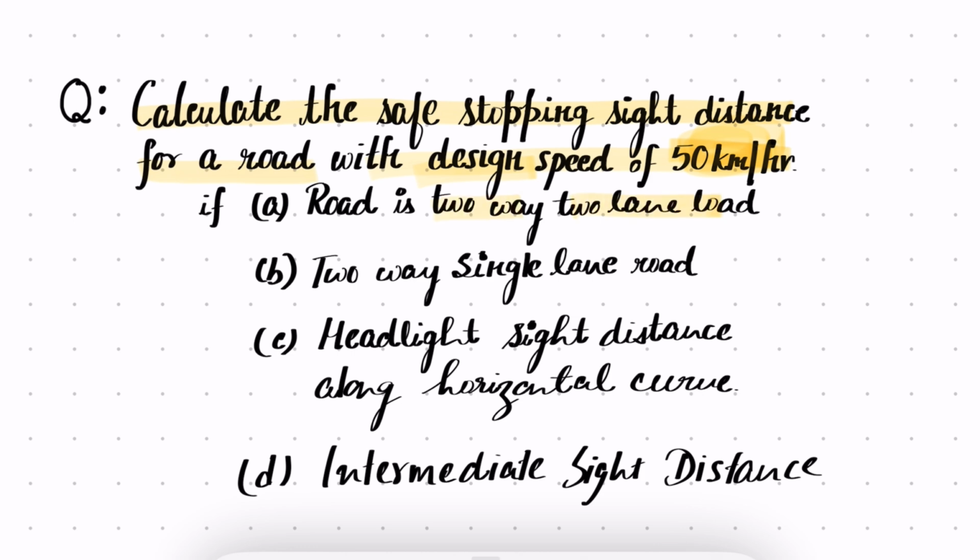If that road is a two-way, single-lane road, we have to calculate the overtaking sight distance, and we have to find out the intermediate sight distance. So these are the parameters that we have to find. Basically, what we have to find is the safe stopping distance. So let's solve the question.